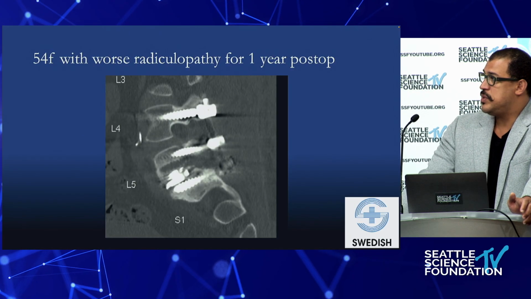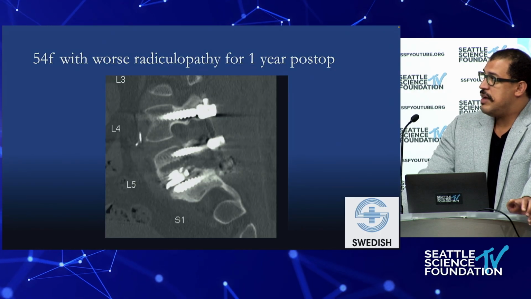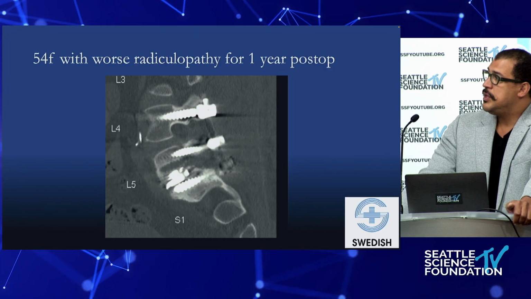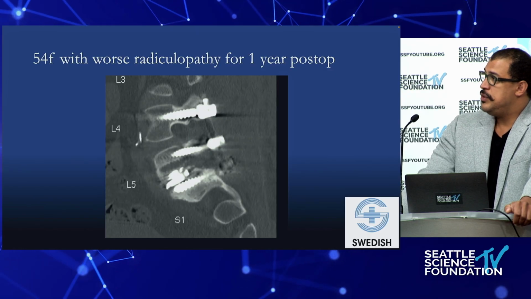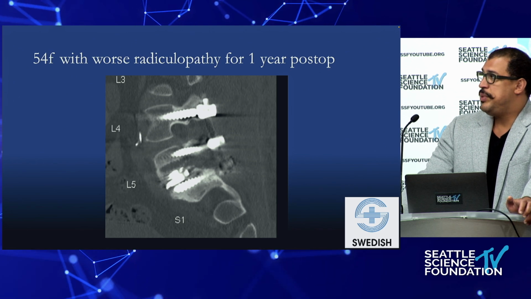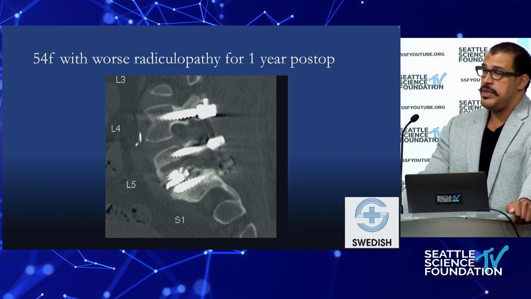So I basically just redirected that screw, and she was very happy with her outcomes. So again, this would never happen in an open procedure because you're looking at that nerve root. Knowing that if you do use an MIS technique, you need to be aware of the potential complications and have a very keen eye for them if they may arise.